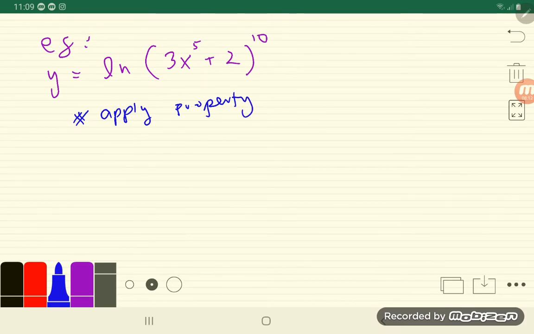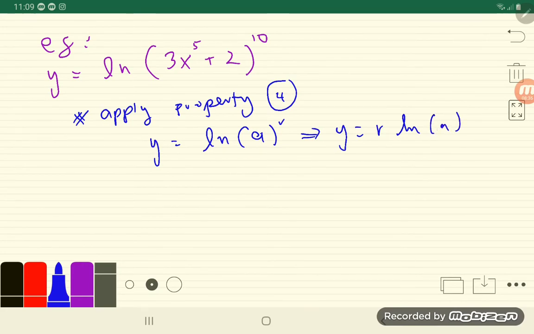In this case, we are going to apply property number 4, which is y equals ln a to the power of r, which gives y equals r ln a. So instead of using this function, you can replace it with another form.